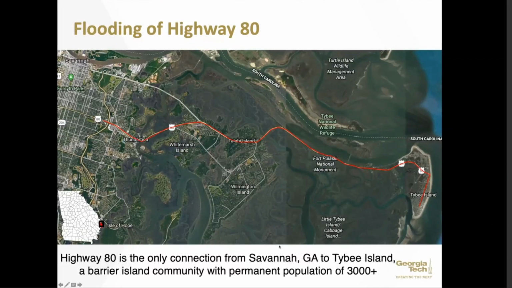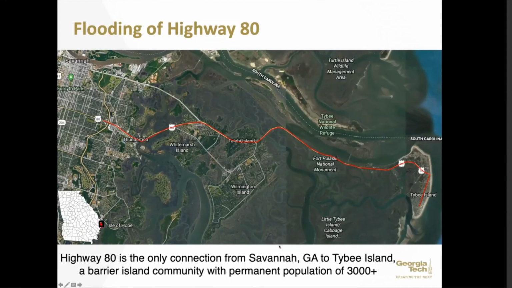And that barrier island that you see on the right-hand side of the map is Tybee Island, which is a barrier island community with a permanent population of just over 3,000, but the population fluctuates a lot with season. It's a very significant tourist destination in the state of Georgia.